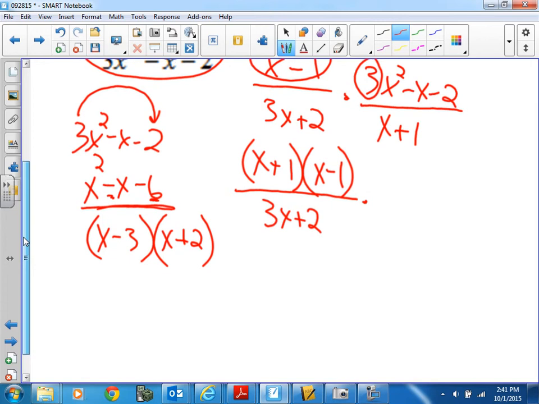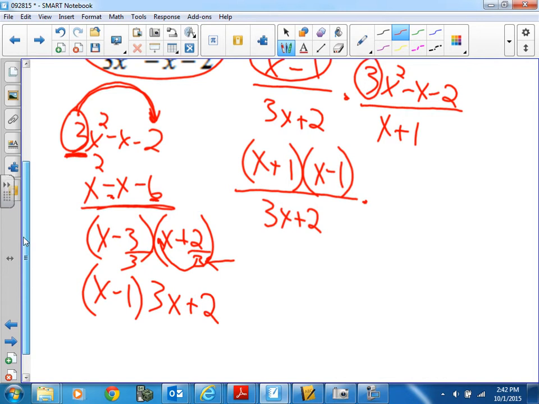But when you use slide and divide, the last part of it is always to divide by the a value, or the one you multiplied by in the beginning, which was the 3. So I need to multiply this number in one of our factors and this number and simplify. So this is going to be x minus 1. And this is simplified 2 over 3. So if it is simplified and you still have a number in the denominator, you slide that over. That'll be 3x, keep the 2, those are your factors.